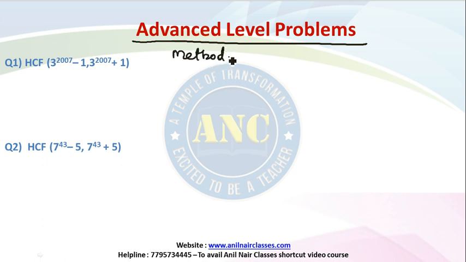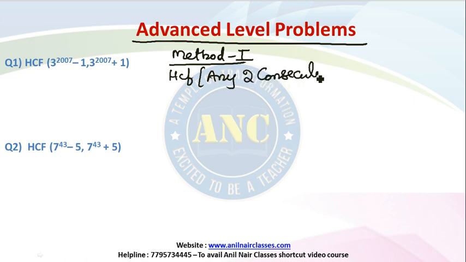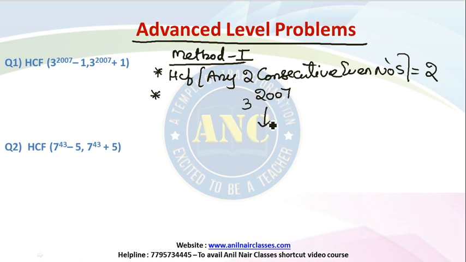Method 1. HCF of any two consecutive even numbers is always 2. 3 power 2007: an odd number power any number is an odd number. 3 power 2007 minus 1: odd number minus 1 gives an even number.